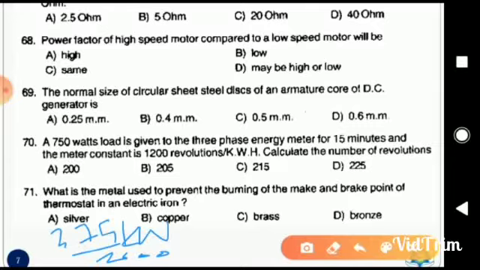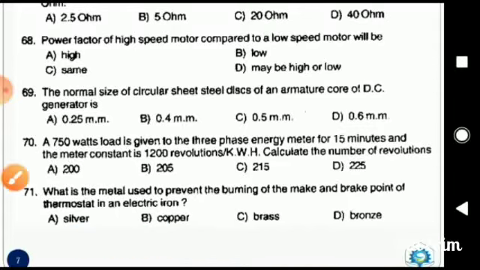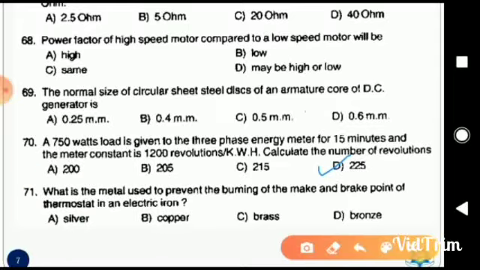Now, we already know the meter constant is 1200 revolutions per kWh. So, in order to find out the total number of revolutions, you just need to multiply the energy into the meter constant. So, you will get 375 divided by 2000 into 1200, and on solving you will get the answer as 225. So option D is the correct answer.